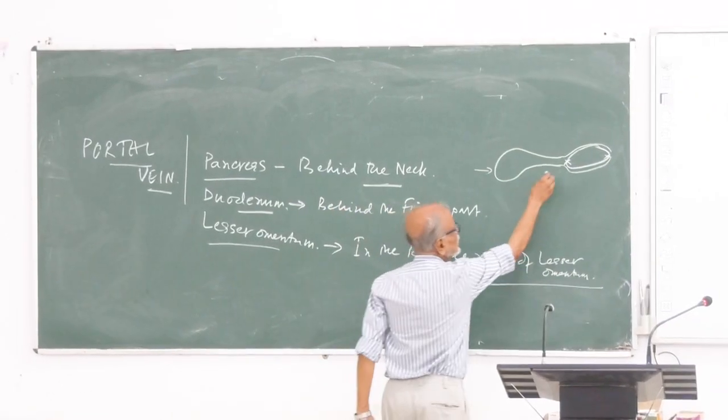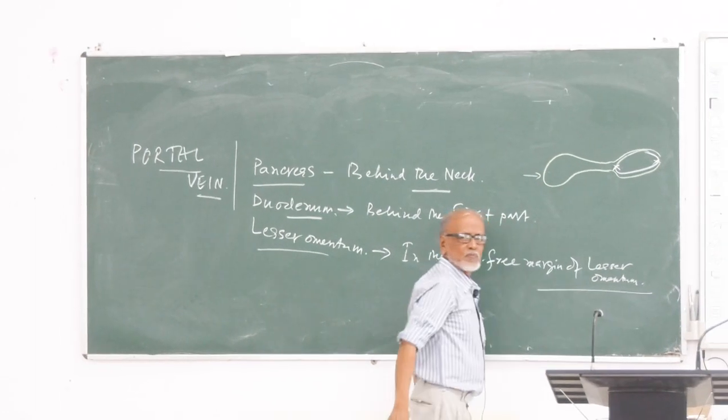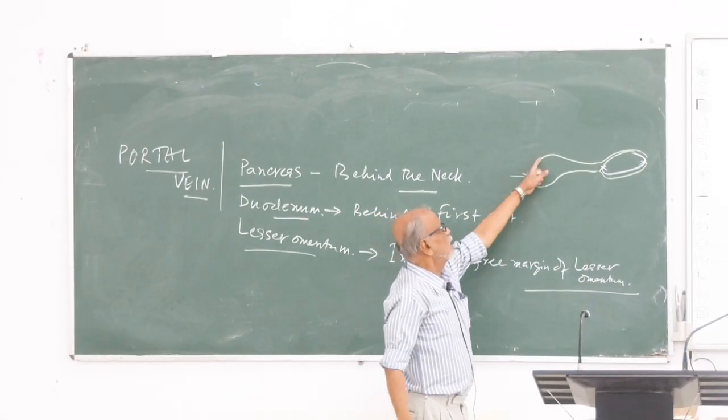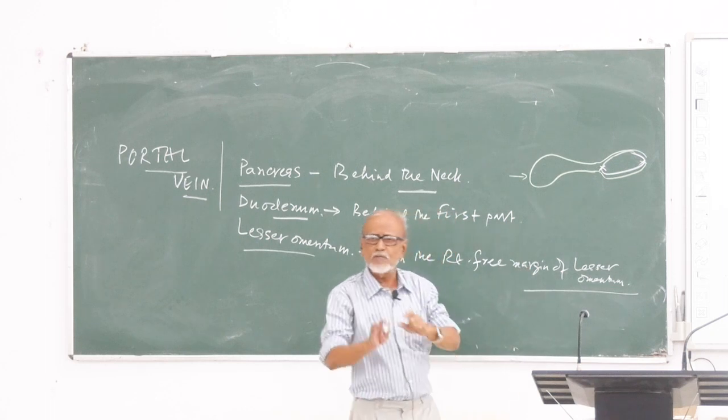তাহলে from the lesser curvature of the stomach it goes to the right and presents a free margin here, not everywhere.